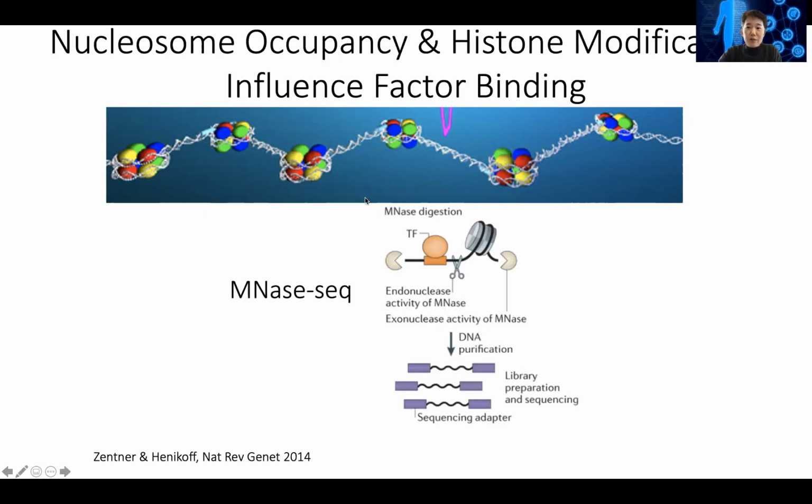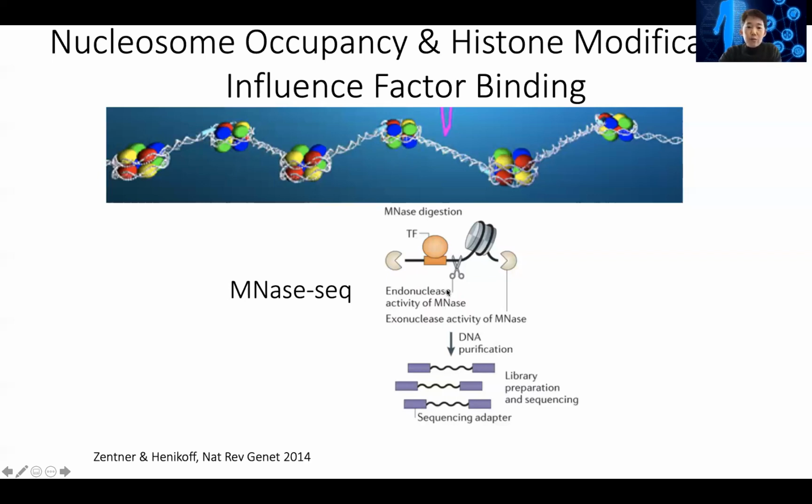The position of the nucleosome is important in that very often transcription factors prefer to bind to nucleosome-free regions like this one, whereas if the DNA is occupied by histones to form a nucleosome, many transcription factors would not be able to bind to these regions.